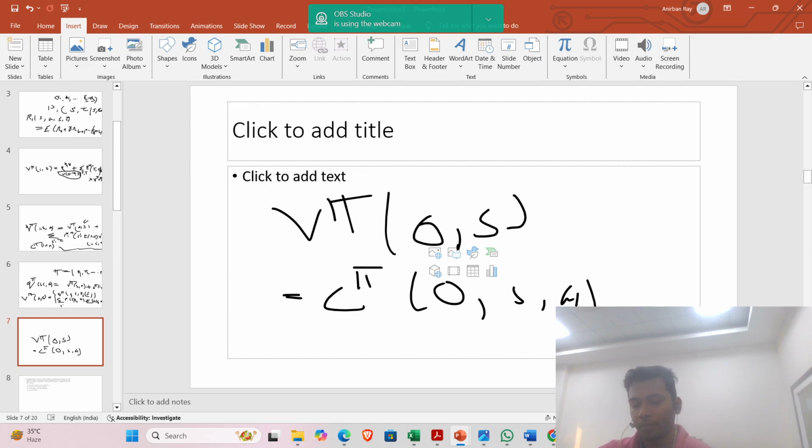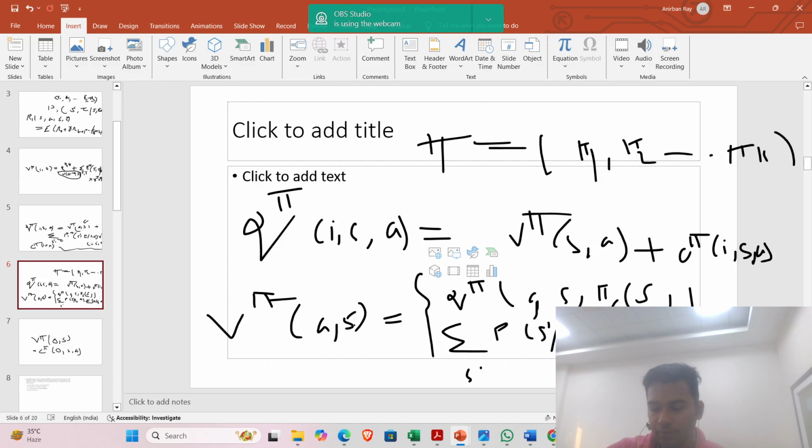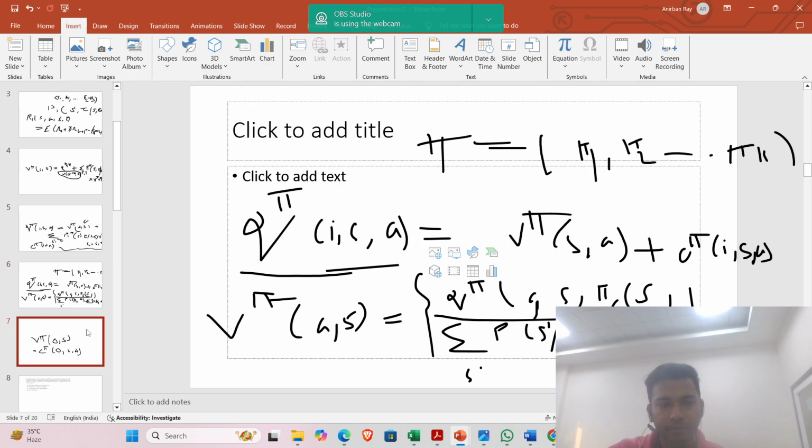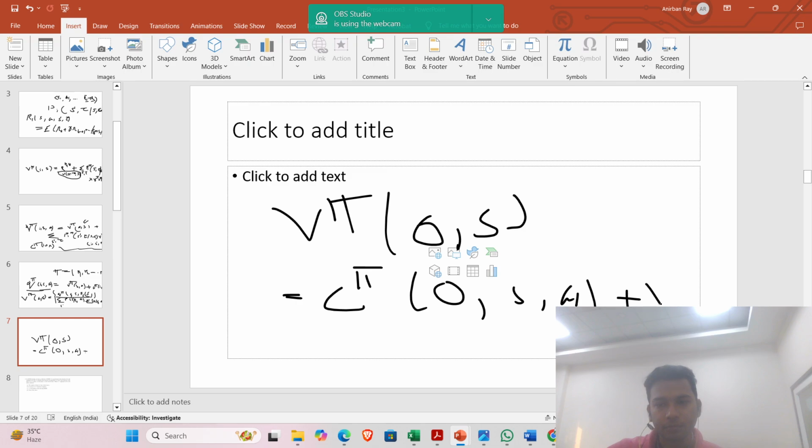You can see how we're formulating this: for each value function, we take Q, which is equal to V pi plus C pi. C pi we have already written, so you have to write the V pi for action a1, a1 comma s.